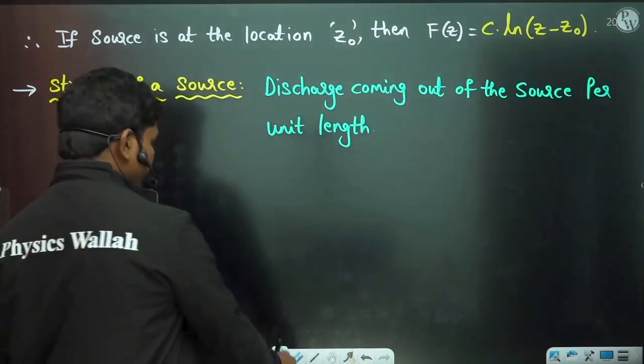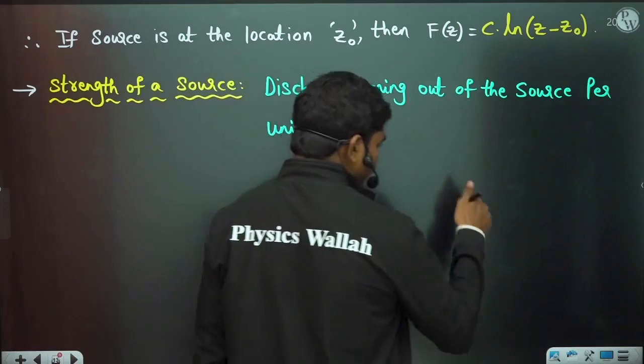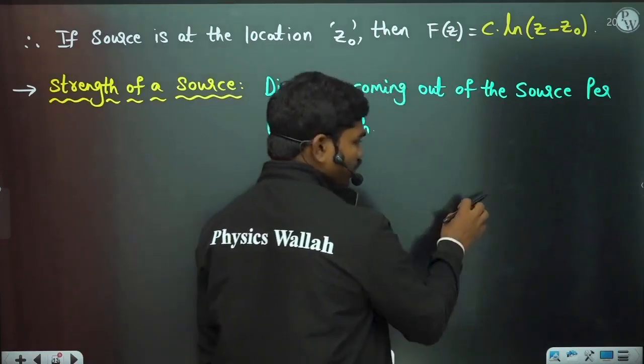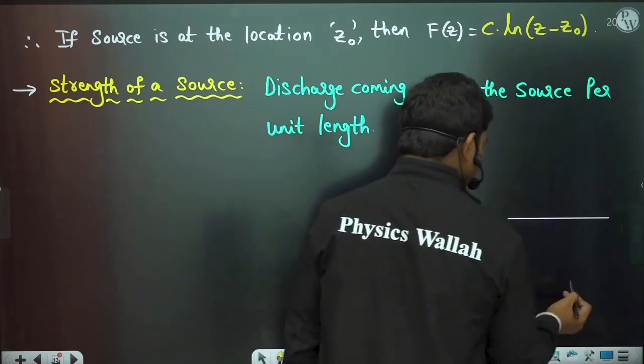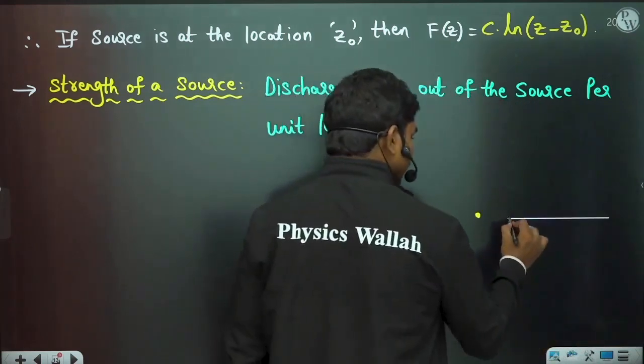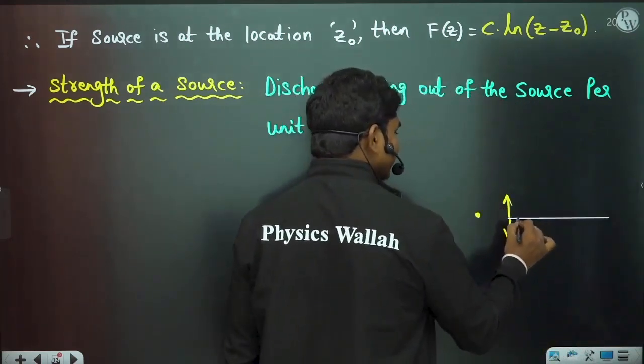Practically, when you see the front view, you can see only a point, correct? The fluid is coming out of one point. But if you see the side view, let us suppose the fluid is coming out in all the directions from this point. Of course here you can see only 2 directions.